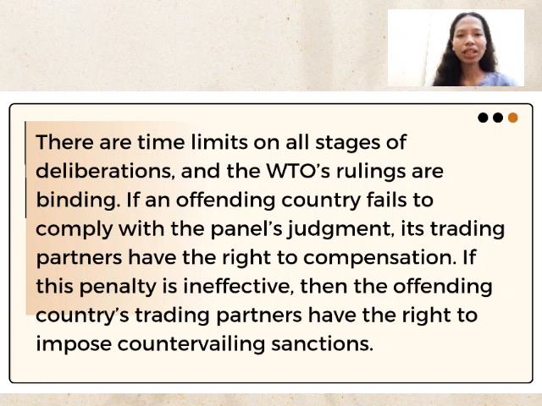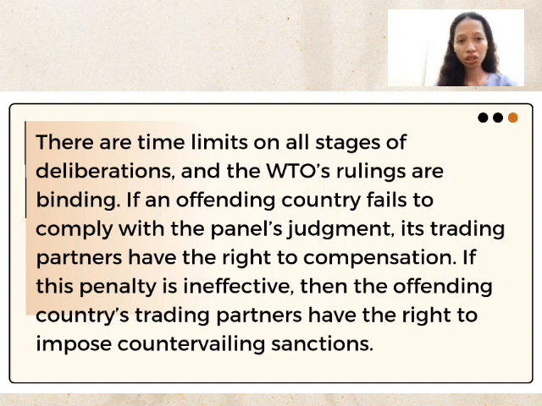So when a member believes that another member is not complying with its trade obligations under the WTO agreement, they can request consultations to try to resolve the issue. If consultations do not lead to a solution, a panel is established to examine the matter and issue a ruling.